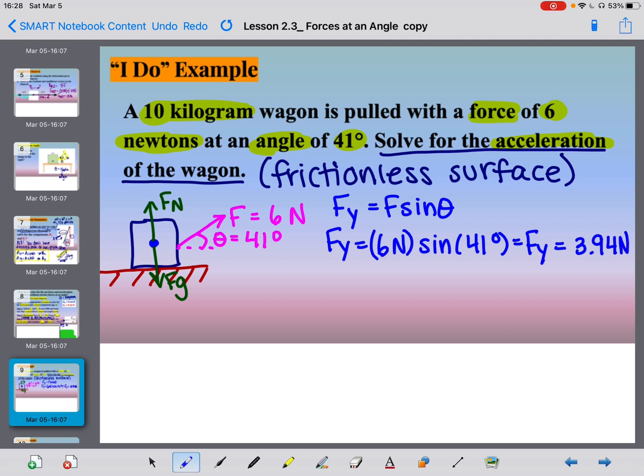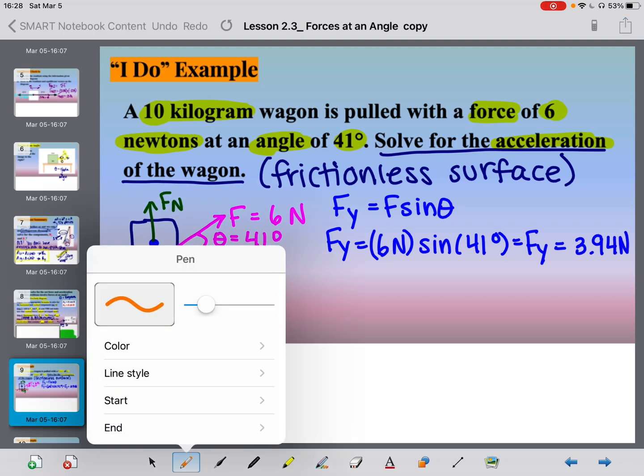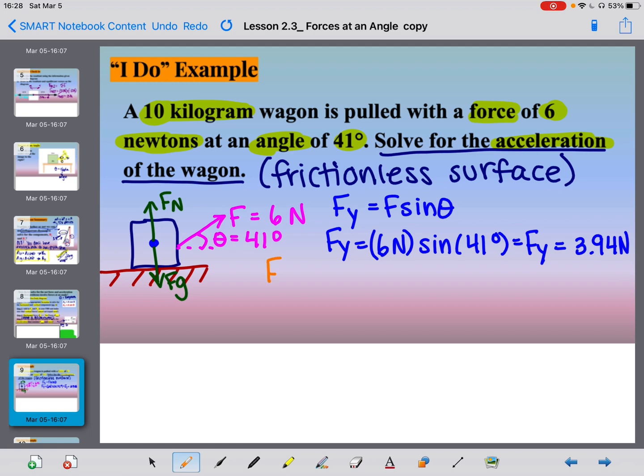Okay? And then let's do orange for Fx. Fx equals F cosine of theta. So now we're going to substitute everything in. So we're going to put in 6 newtons cosine of 41 degrees. Fx equals approximately 4.53 newtons.